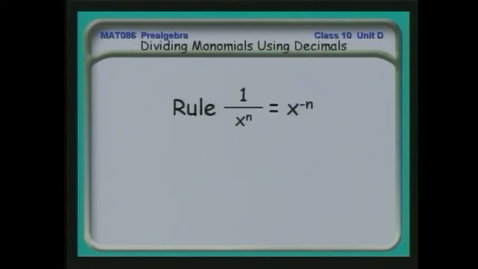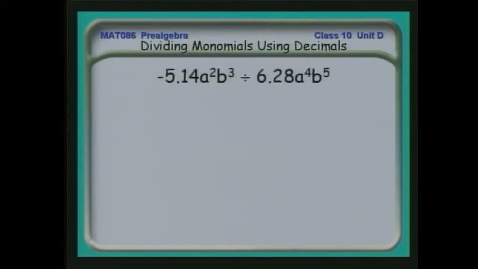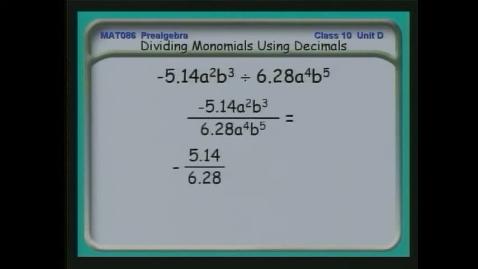I can do the same thing as a rule. If I have 1 over x to the nth power, I can represent that as x to the minus nth power. For example, 1 over r cubed can be represented as r to the minus third power. Then I can use that in division of polynomials. I can divide the coefficients, but then I can say I have a to the 2 minus 4 power, because I'm dividing by a to the 4th.